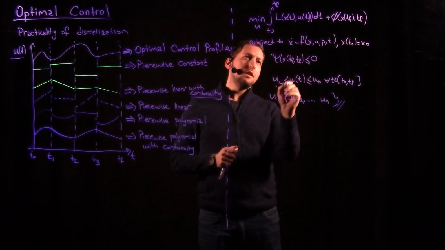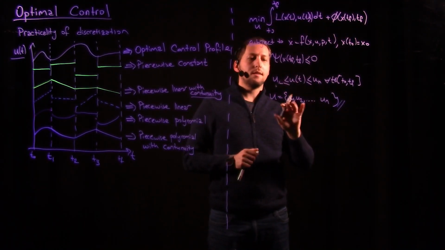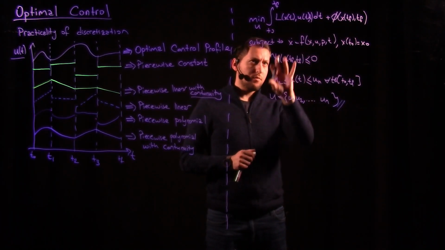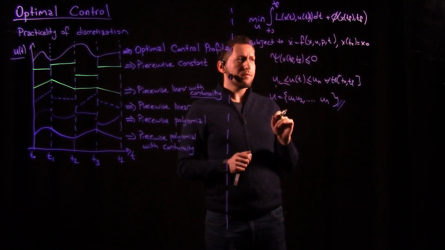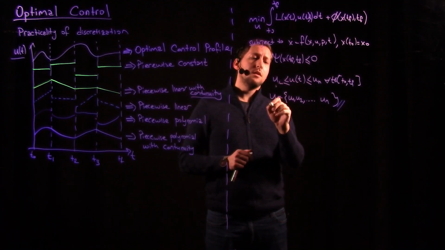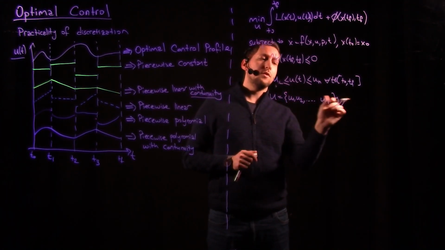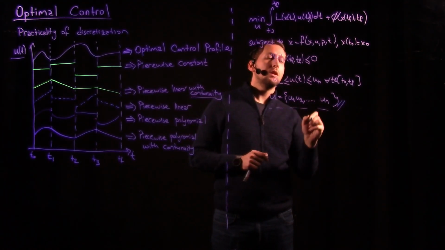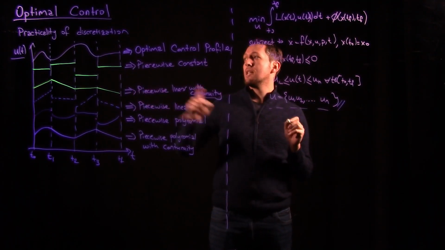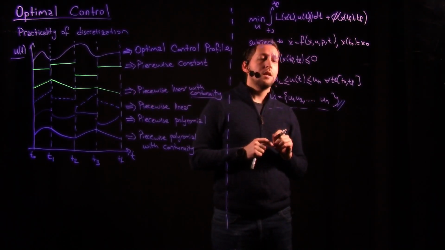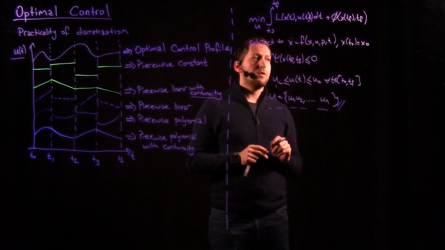Here you see the above is more or less the same. Of course, with some selections, there could be some other constraints here. But we are also introducing the set of inputs here, U1, U2, UN. And this is directly related with the type of discretization that you applied for your problem.